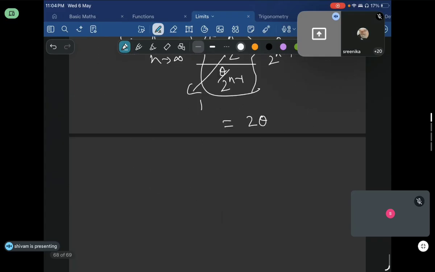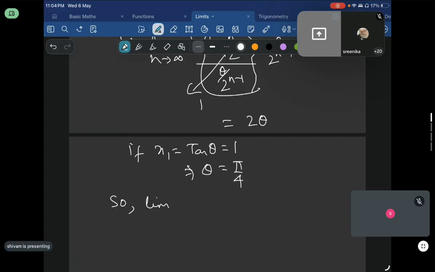So if x1 equals tan theta, this is equal to 1. What is the value of theta? If tan theta is equal to 1, what is the value of theta? Pi by 4. So what is the limit? Limit n tends to infinity, 2 to the power xn will be equal to 2 into pi by 4, and 2 into pi by 4 will give us pi by 2.